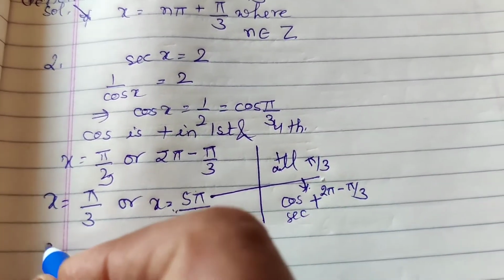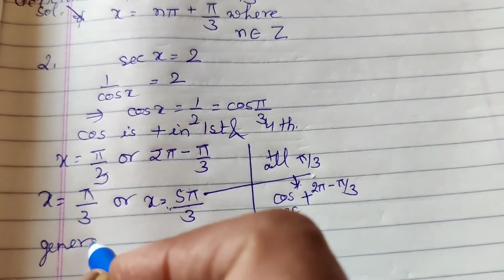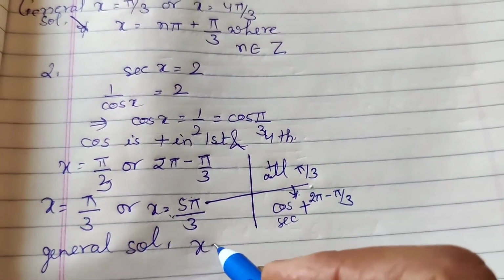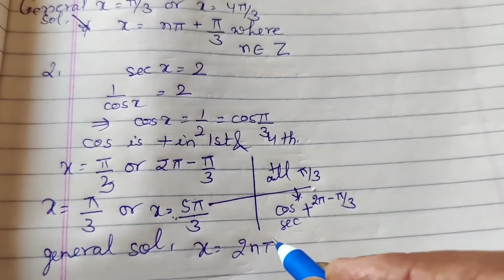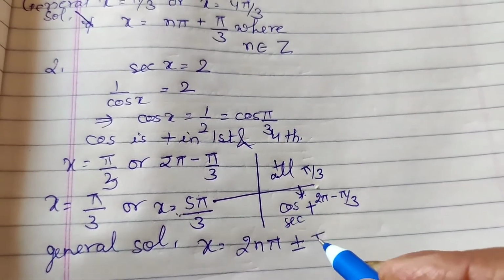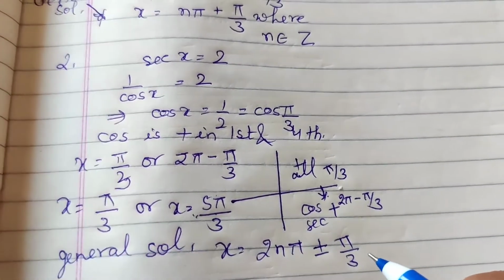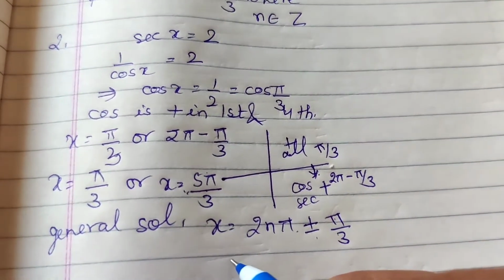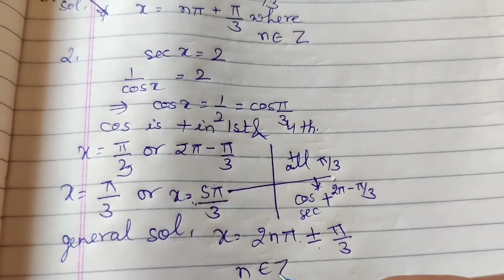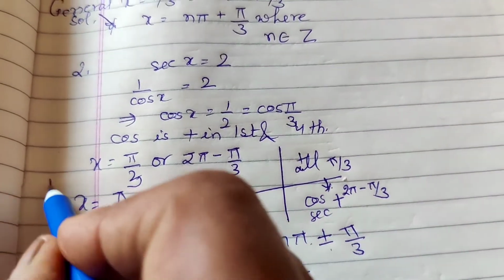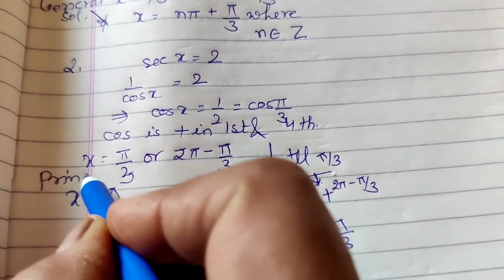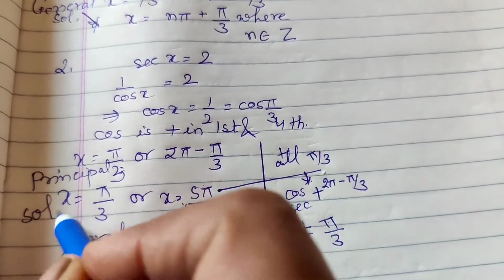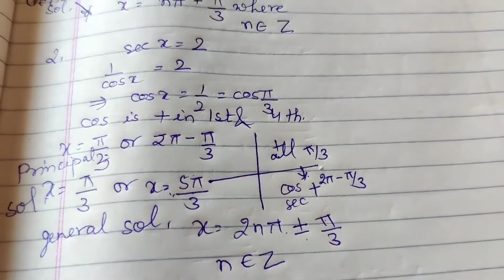And the general solution is x equals 2n pi plus minus pi by 3, where n belongs to integers.